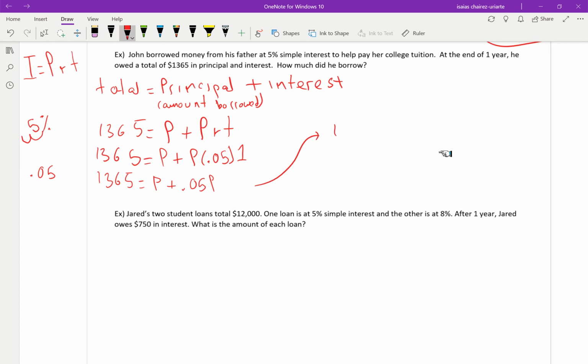And that would say 1,365 is equal to, and then these are like terms. Imagine here, technically there's like a 1 right there. So it's like saying 1 plus 0.05. So that becomes 1.05P. Let me divide 1.05.